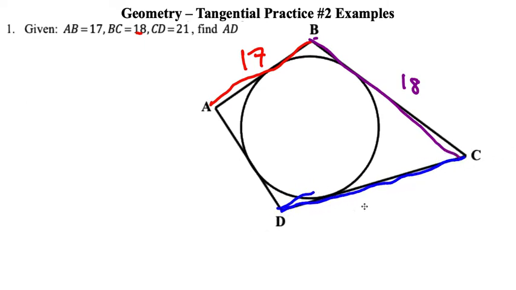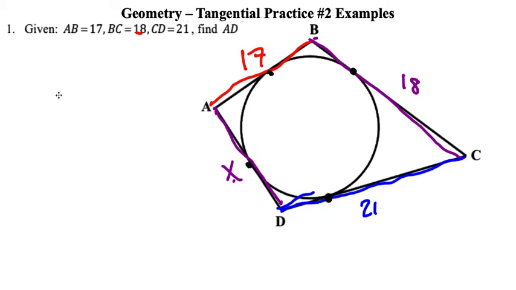equal to 21. So the key here is to remember, and we're supposed to find AD, so I'll call that x. Remember, that's all of that side, right? Key thing to remember here is in a circumscribed quadrilateral, and we kind of have to assume this because it looks like these are points of tangency, right?